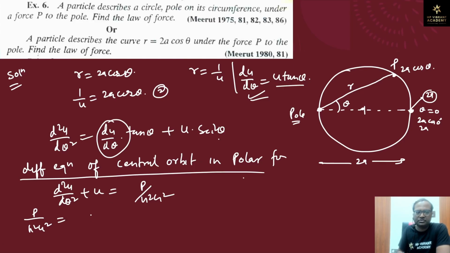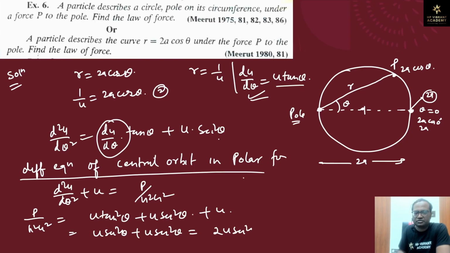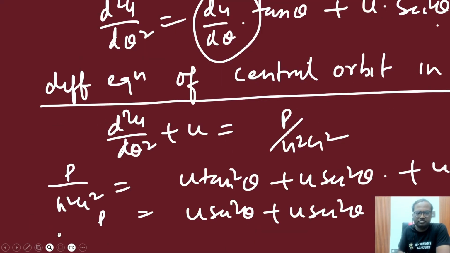So this is u tan square theta plus u sec square theta plus u. So this will be equal to u times, let us take u common, 1 plus tan square theta. This will be u sec square theta plus u sec square theta. This is 2u sec square theta.